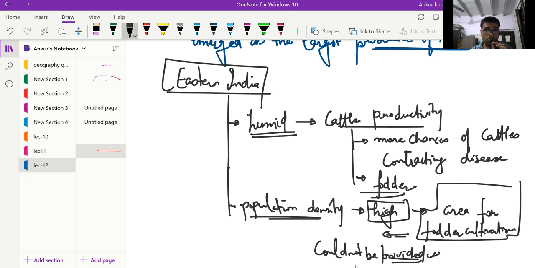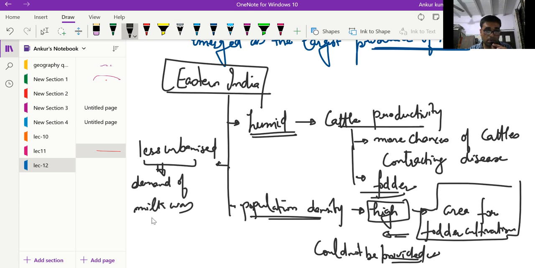And the third problem was that since Eastern India is less urbanized as compared to Western India, the demand for milk was less in this region. So this was the second point that led to the creation of imbalance in the white revolution also.